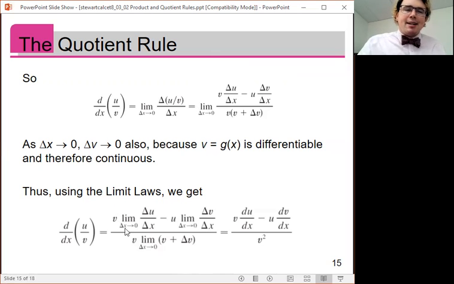The limit as delta x goes to 0 of delta u on delta x is the derivative of u. Likewise, the limit as delta x goes to 0 of delta v on delta x is the derivative of v. In the denominator, I have one more delta v that's left over. As delta x goes to 0, delta v is also going to 0.